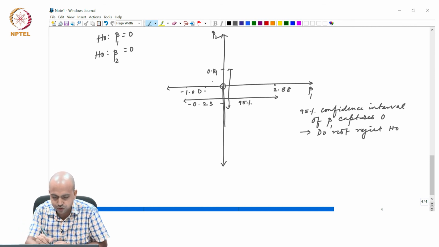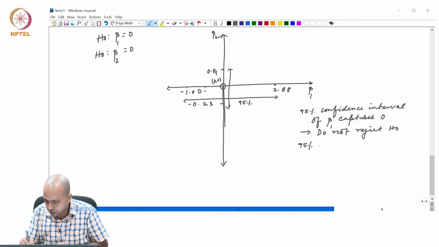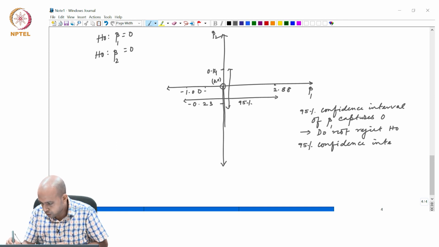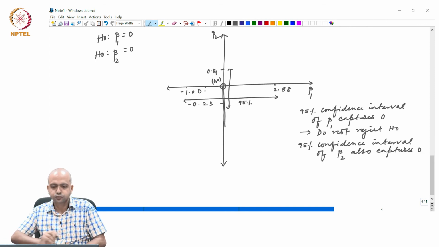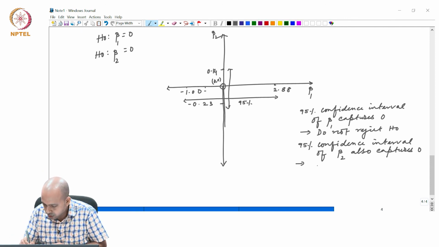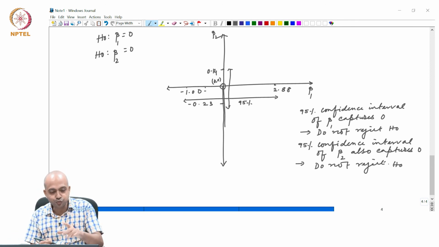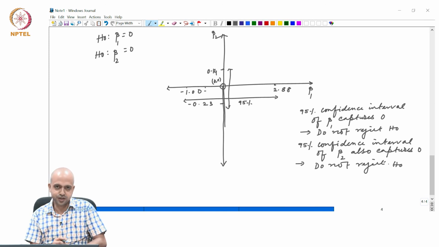Look at this, it is your 0. So, we do not reject H naught.